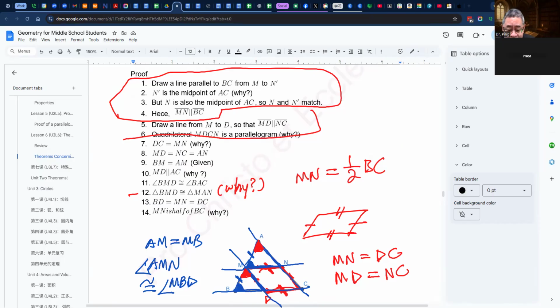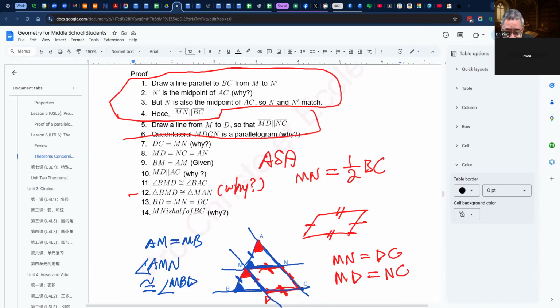Yeah, Mia. Well, it's not side, side, side. Remember, we actually got two angles. The blue angles are congruent, the red angles are congruent, and also the line between those two. So that's angle, side, angle.